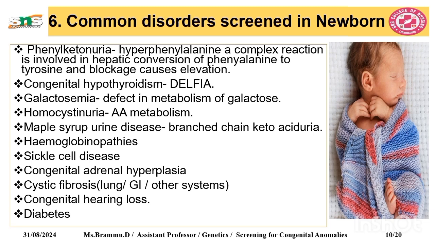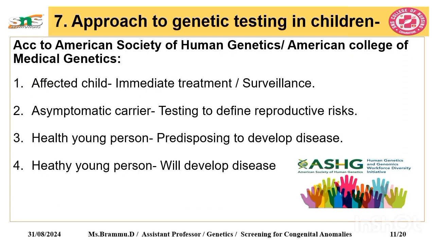So, most of the diseases, when you compare, are mostly on the metabolic aspects when compared to the congenital aspects. Genetic testing, according to the American Society of Human Genetics, has been divided into four major criteria.